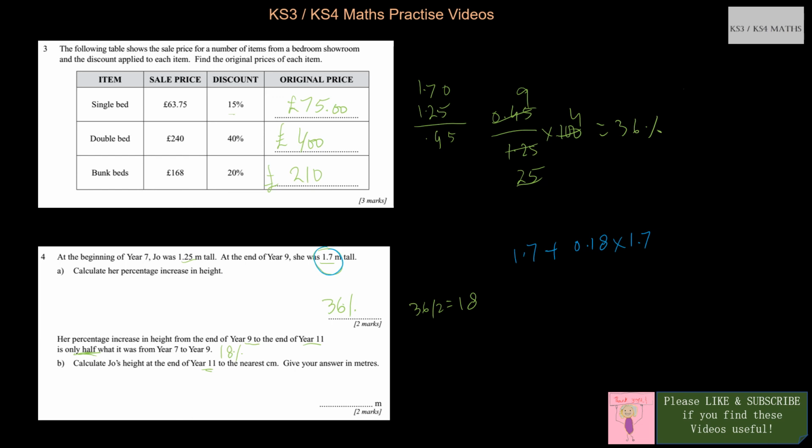So I'm going to multiply 0.18 by 1.7, which is 0.306. So 1.7 plus 0.306 is 2.006.